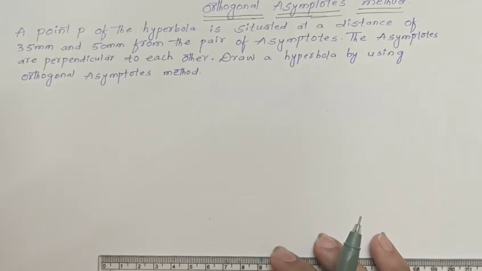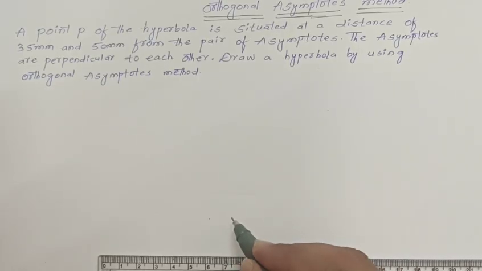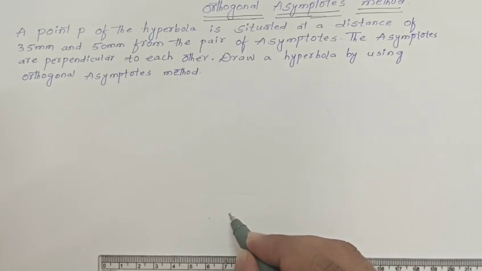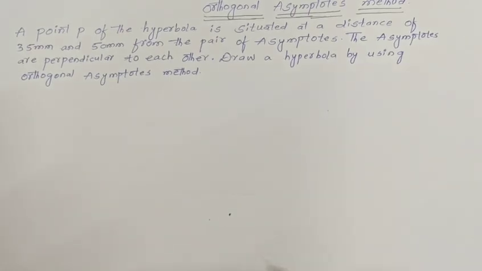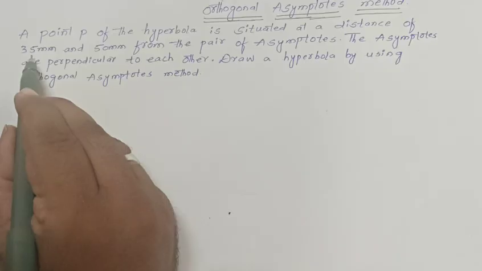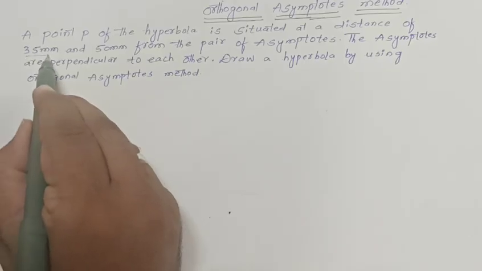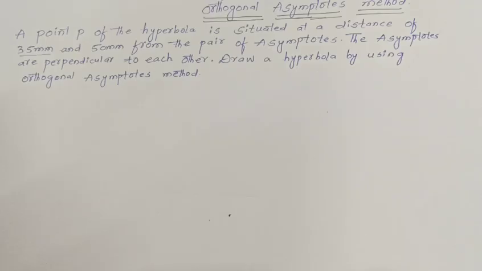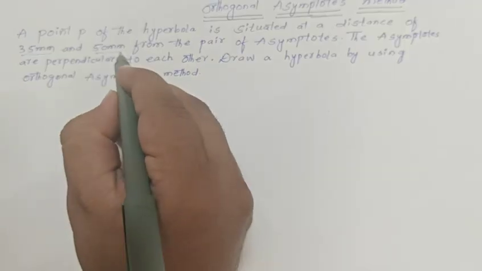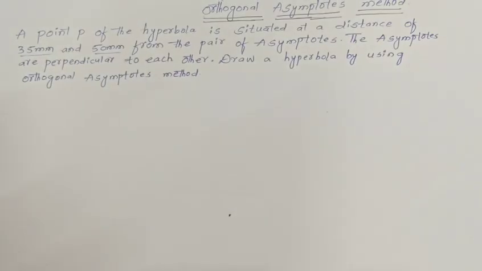First I am marking one point somewhere. From this point, the height is given. How much is the height? 35 mm is given. And the length? 50 mm is given. Is it right?